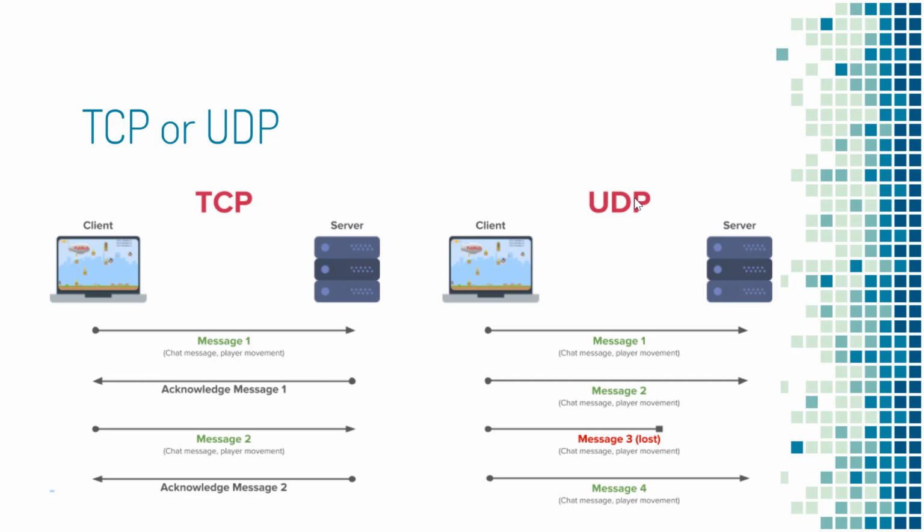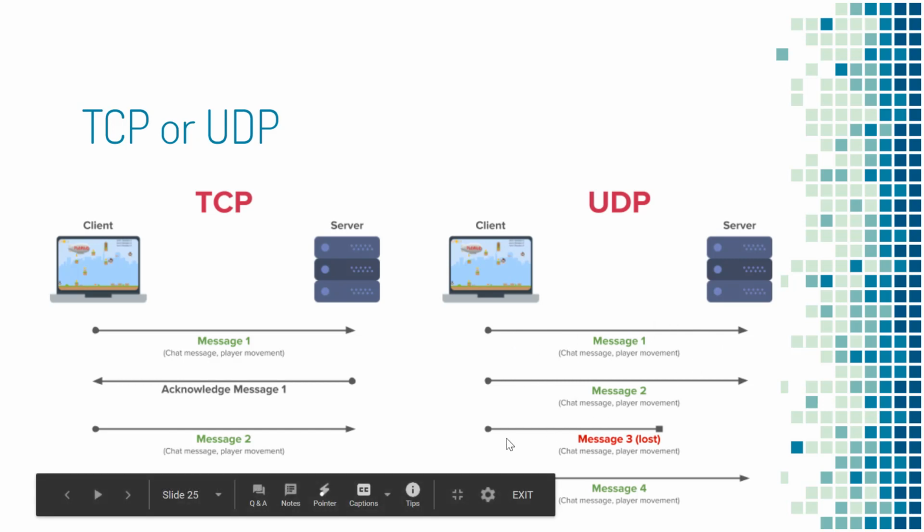That's why when you watch something on YouTube, sometimes you will see big pixels. That means there's some corrupted data in the stream. So as you can tell, UDP is faster because it doesn't require any acknowledgement. When you want to send something, message 1 is sent, message 2 is sent, message 3 is dropped or lost.